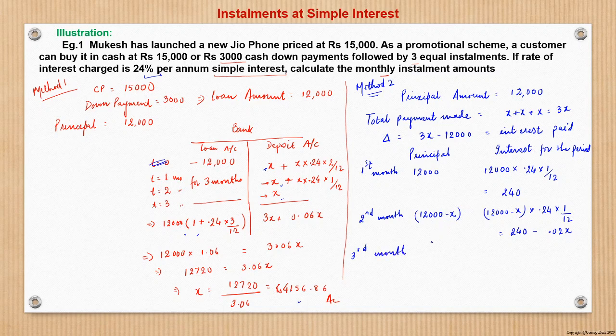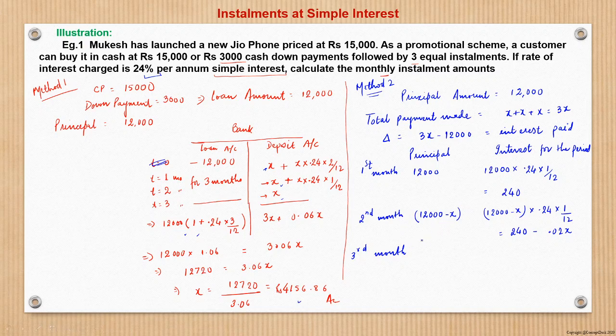the third month, what will be the outstanding principal at the start of the third month? At the start of the second month, the principal was 12,000 minus x. In simple interest, we know the principal remains the same. However, since here the principal is being repaid, at the end of the second month the customer again pays an installment of x rupees.